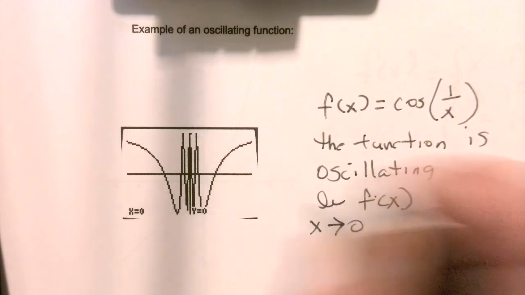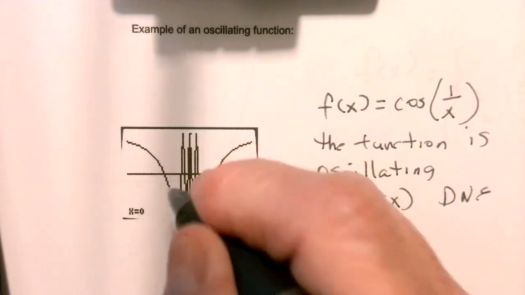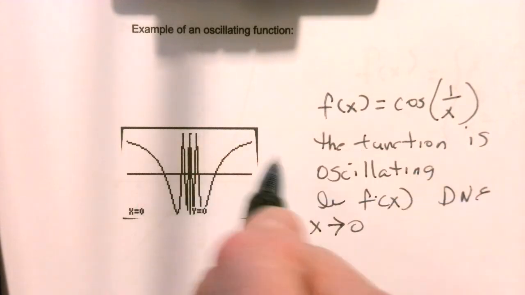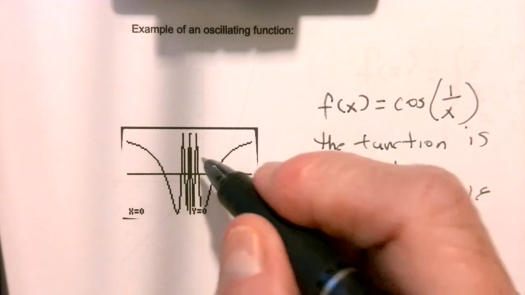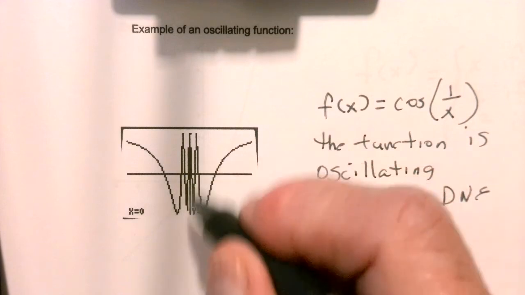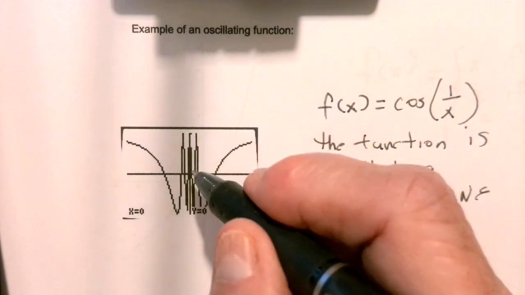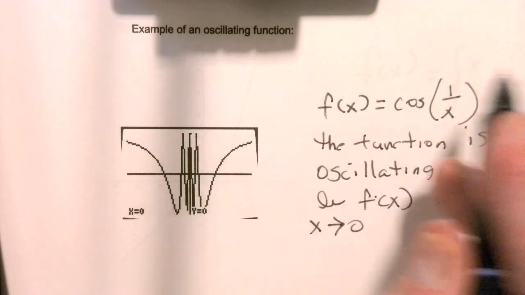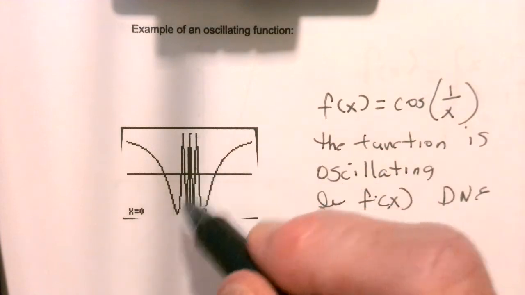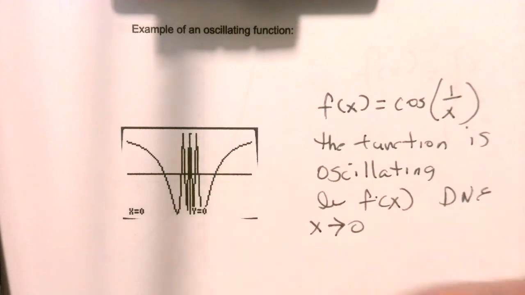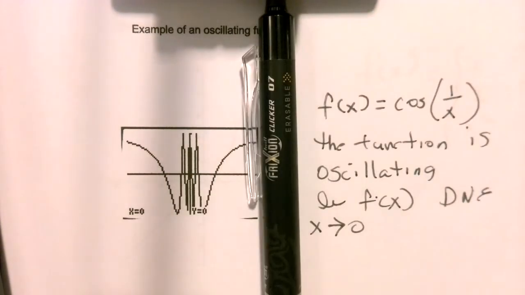Now, in the other example, it existed on the left-hand side, but not the right-hand side. But now we've got oscillation on both sides. And if you graph this on your calculator and you kind of zoom in, you'll see it's going back and forth. And we can look at it right here, cosine of 1 over x. And guys, remember to always be in radian mode.